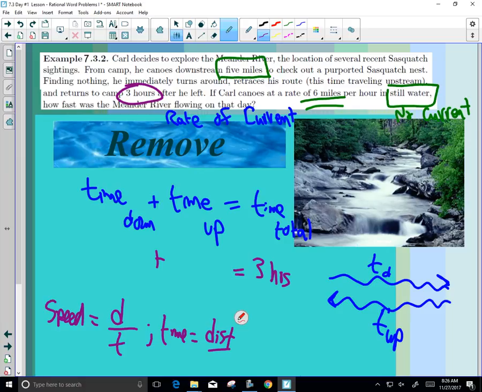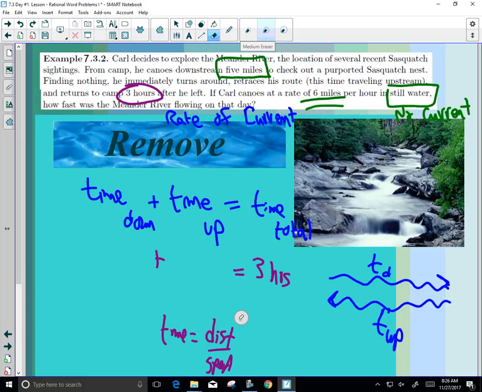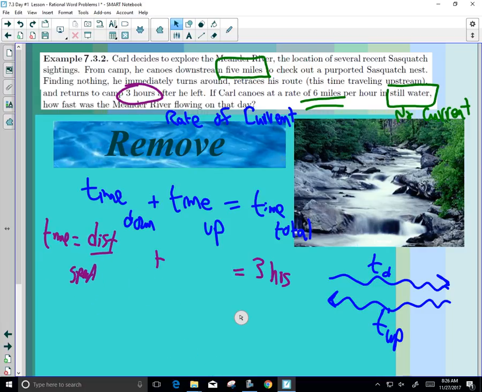Speed or rate. So I'm going to have you hold on to this. This is good stuff. This is what I want to save. And I'm going to change this word speed. We're just going to call this the rate.